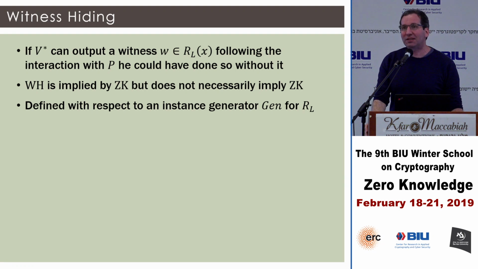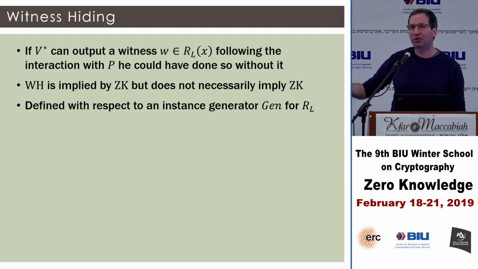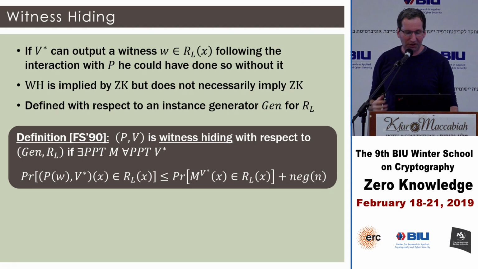And you have to define it carefully because it has to be hard to find the witness. So you need this instance generator. We saw an example of an instance generator. I don't want to get into these kinds of details. Here's the definition.